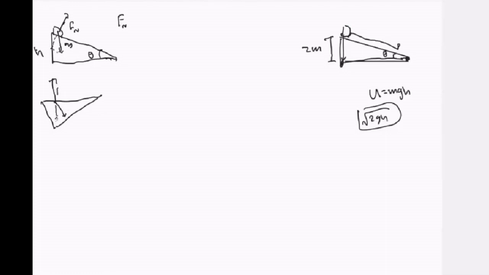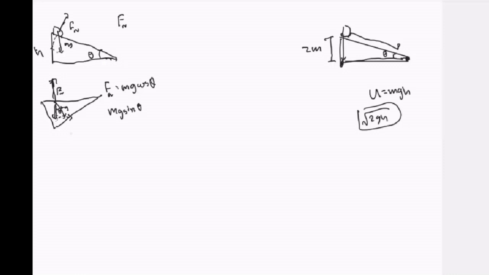We're going to have forces cancel out in our y direction, so our normal force is equal to mg cosine theta. And the only force that's left will be our horizontal component of gravity, which is mg sine theta.